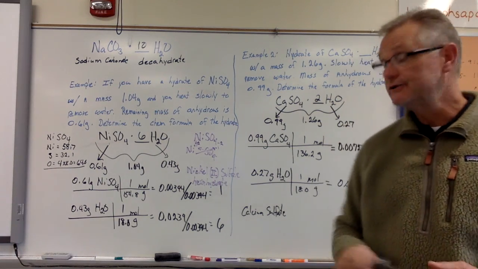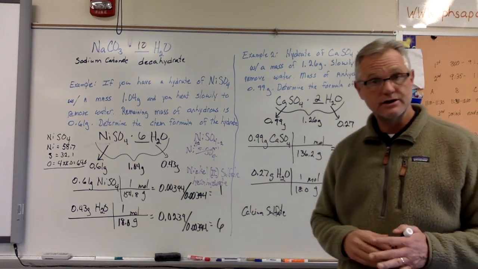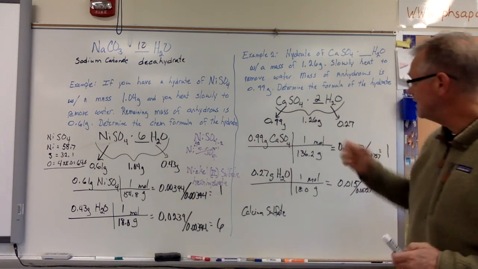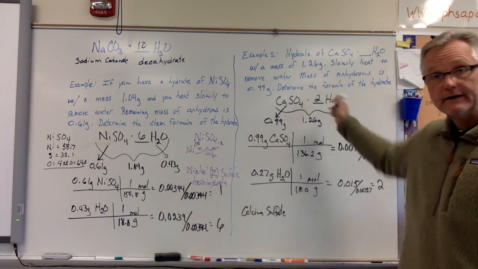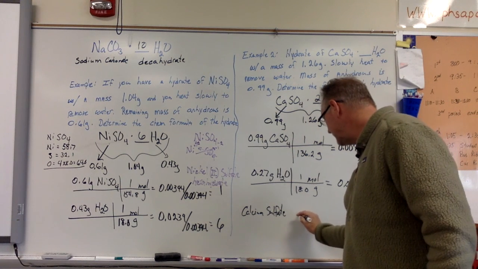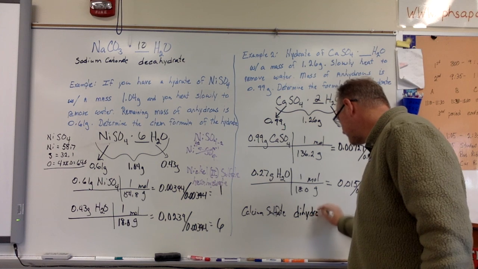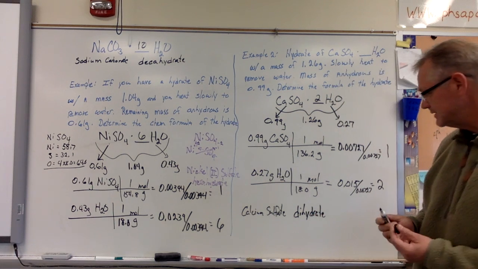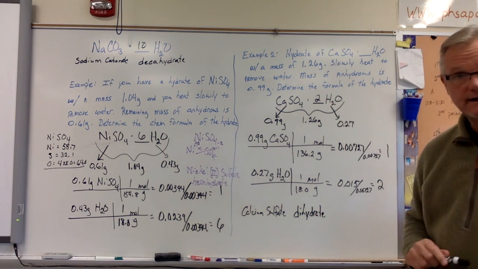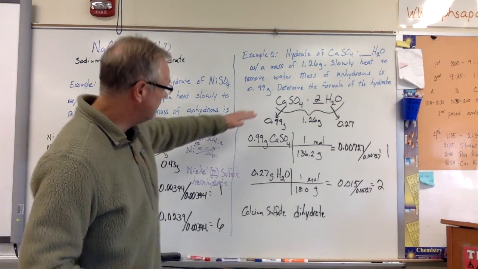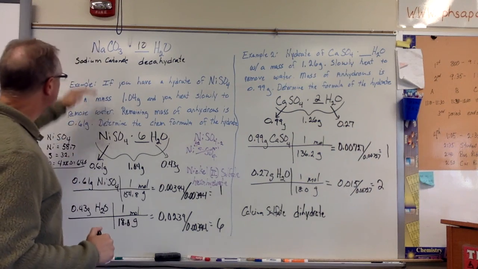Just simply because the calcium is not a transition or one of those heavy metals that we talked about. So now I have to look at the prefix for 2, and that's a dihydrate. So calcium sulfate dihydrate.